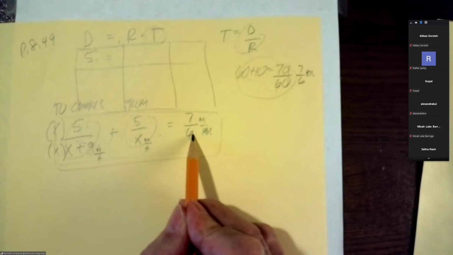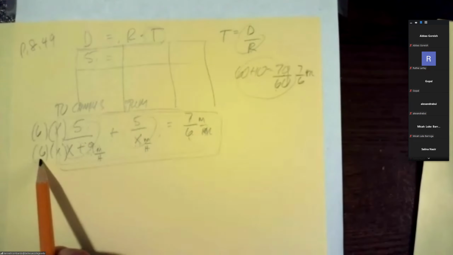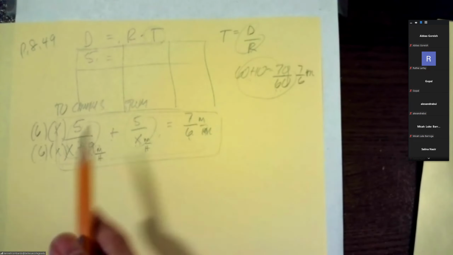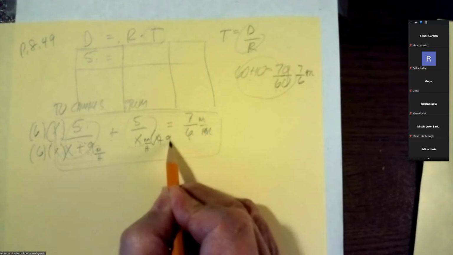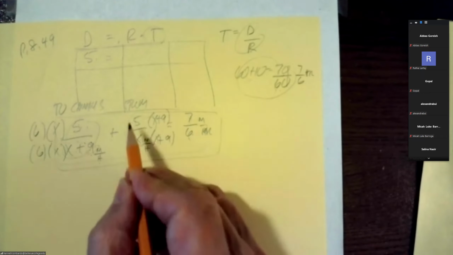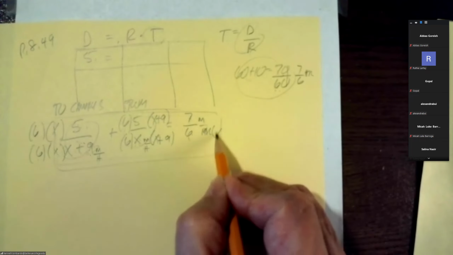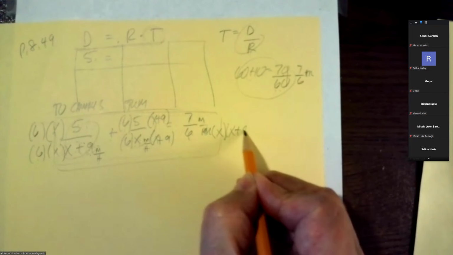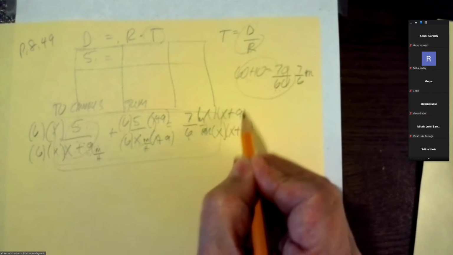And then we've got a 6 here, so we need a 6 and a 6. So now we've got 6x and x plus 9. And this is an x, so we need an x plus 9 in the numerator and denominator, and we need a 6. And over here, we need an x and an x plus 9 and an x and an x plus 9.